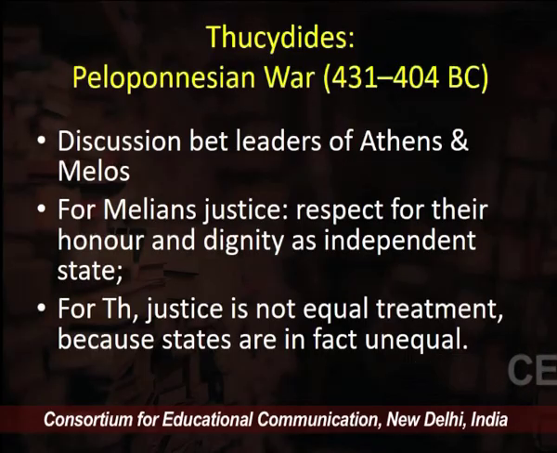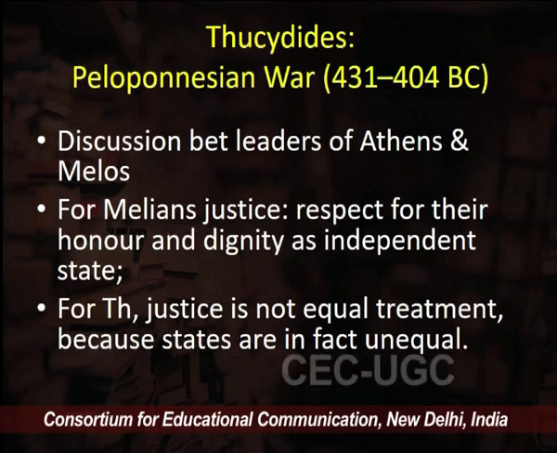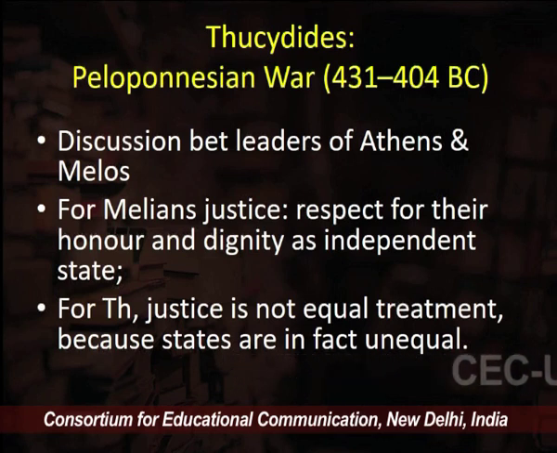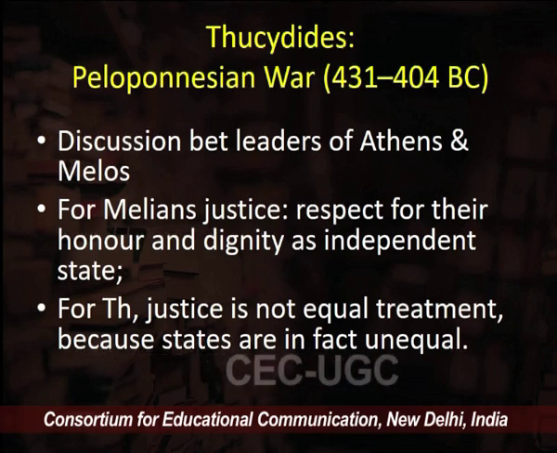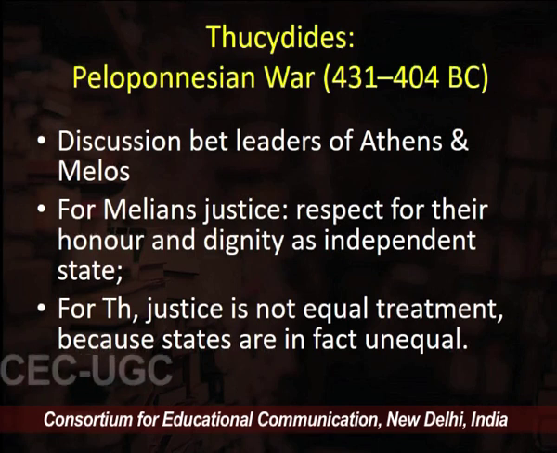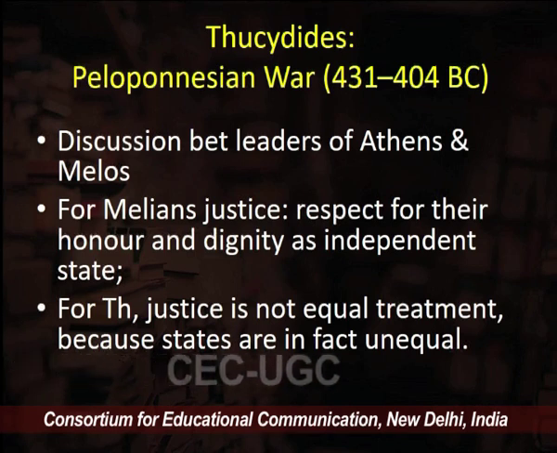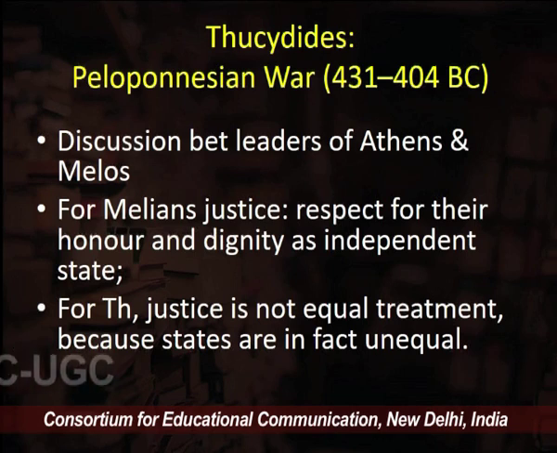In his writings on the Peloponnesian War, Thucydides talks about a discussion between the leaders of a powerful state like Athens and a weak state like Melos. For the rulers of Melos, justice would consist of respect for their honor and dignity as an independent state. This is for a weak state like Melos.